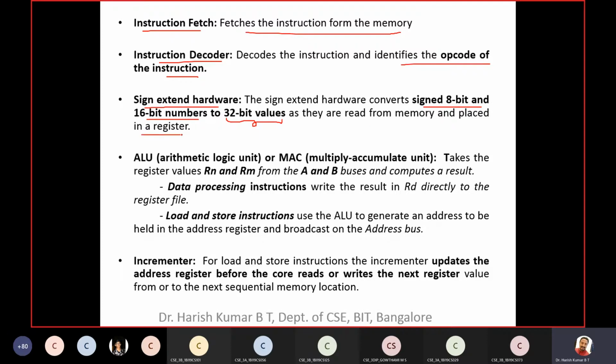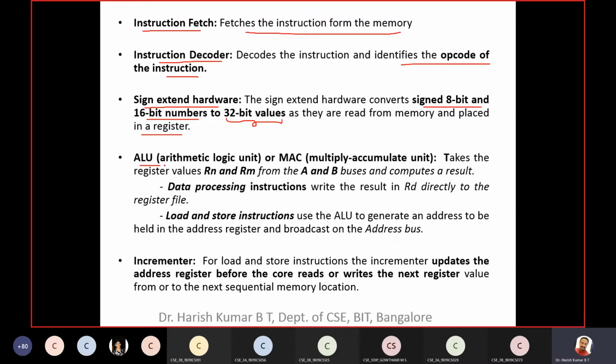Inside the register, you cannot place an 8-bit or a 16-bit number; you can place only 32-bit values. So when you're reading something from the memory, if it is a byte or 2 bytes, it has to be sign extended to 4 bytes or 32-bit values.